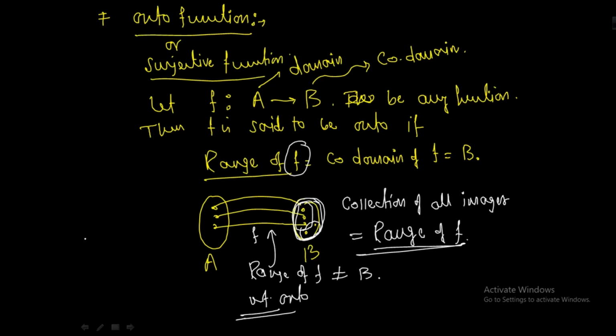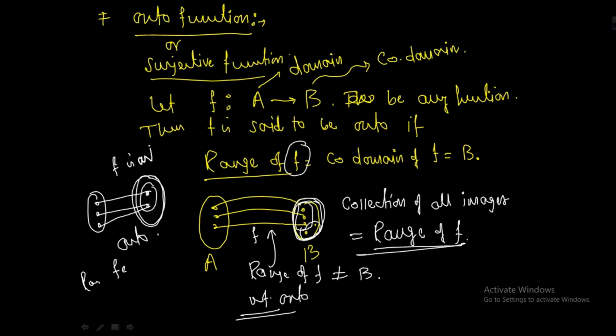That means if I get a picture like this, then we say this function is onto. Why? Because the range of f is the collection of these two elements, as well as the codomain also consists of these two elements only. Hence, in this case, we can say f is onto.